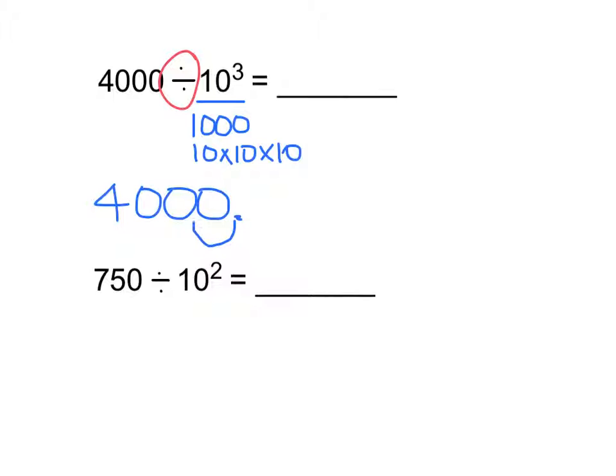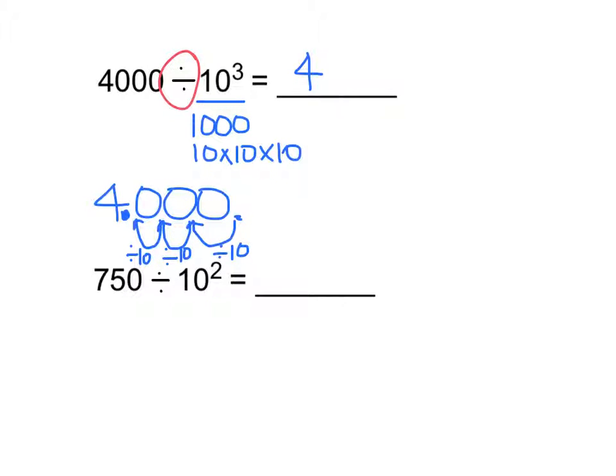Every time I move the decimal point to the left, I'm dividing by one group of 10. So I need to do it 3 times for 1,000. And that makes my decimal point land right here between the 4 and the 0, bringing me to an answer of 4, or 4.0. 4,000 divided by 1,000 equals 4.